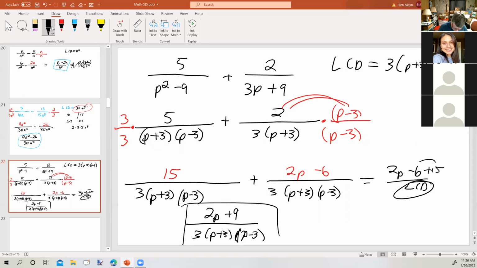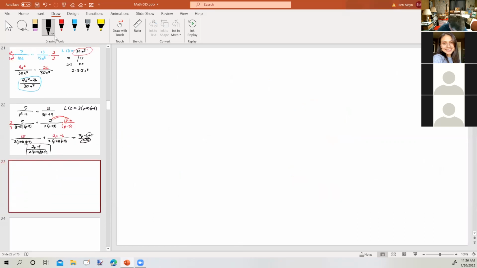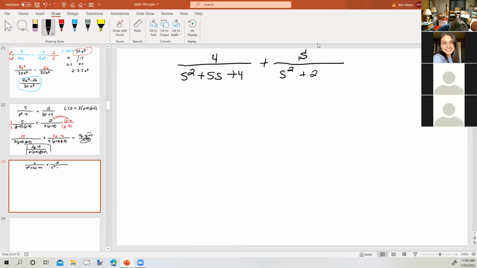Let's see here. 4 divided by s squared plus 5s plus 4, plus s divided by s squared plus 2s plus 1. I'm going to factor each denominator so I can figure out what the least common denominator is.